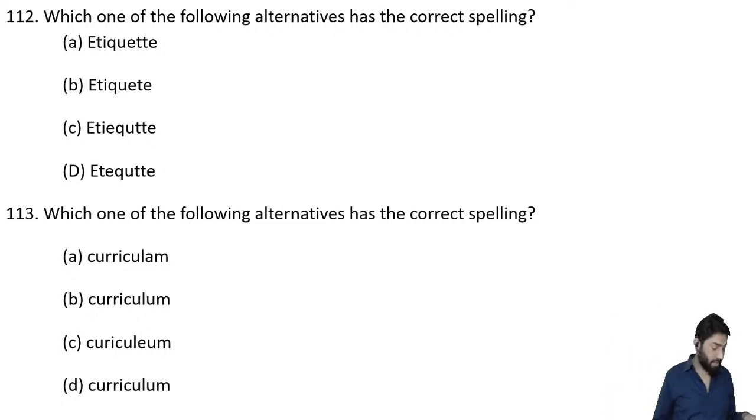In the next, what do we have in option two? Which one of the following alternatives has the correct spelling? Etiquette, you know that etiquette, a good behavior, a polite behavior, good manners, that's what it is. If we talk about the spelling of etiquette, 112, let's move to that. Etiquette, so double T, yes.